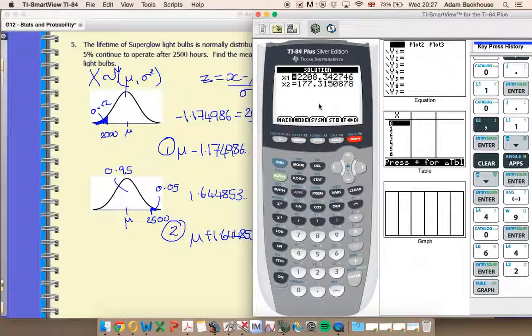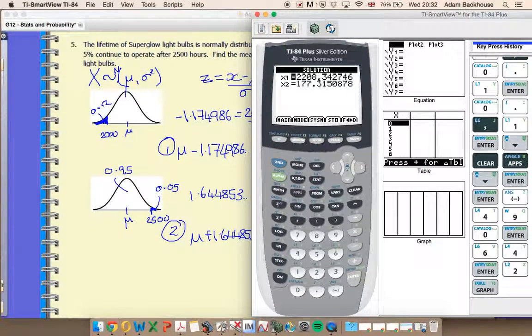We are going to get two values. It should be fairly clear that the 2208 has got to be our mean, because our mean's bigger than 2000 and smaller than 2500. The other way we know that it's 2208 is the mean is the first value we put into the matrix was the mean, the coefficient of the mean of 1.